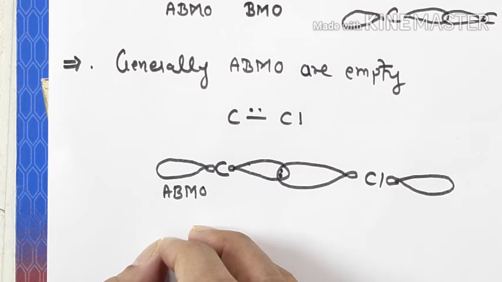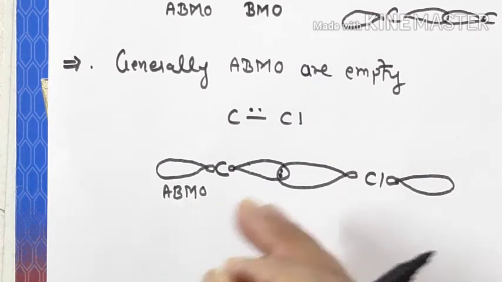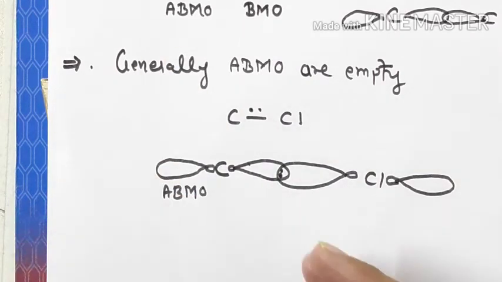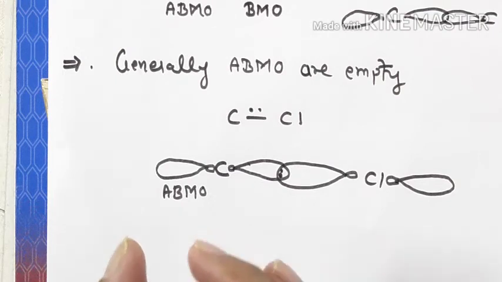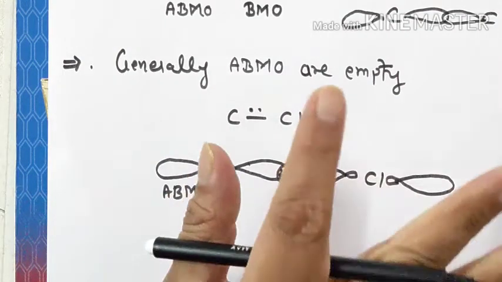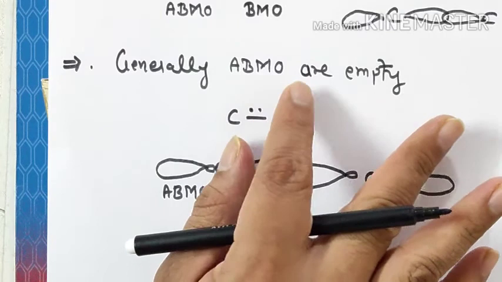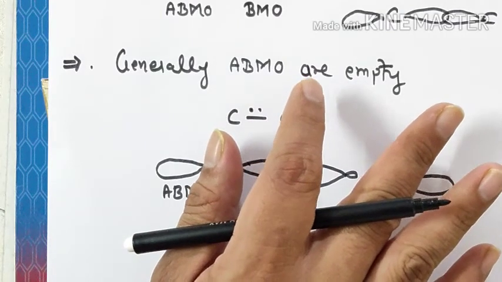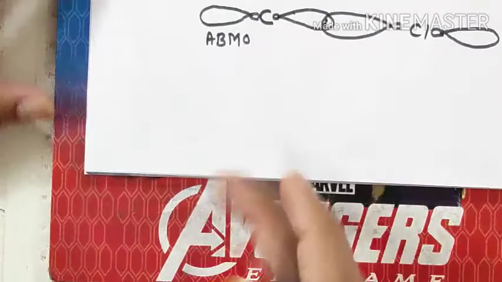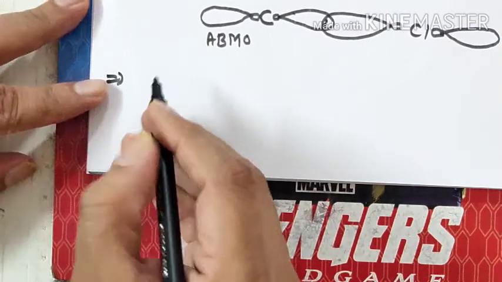How, we'll understand further when I start with the mechanism, but you have to understand this point: anti-bonding molecular orbitals generally are empty.